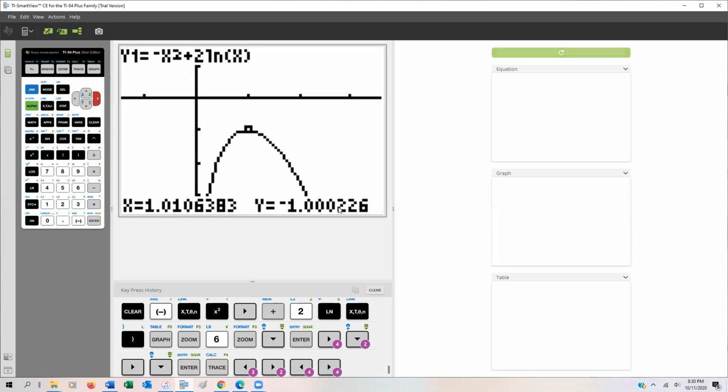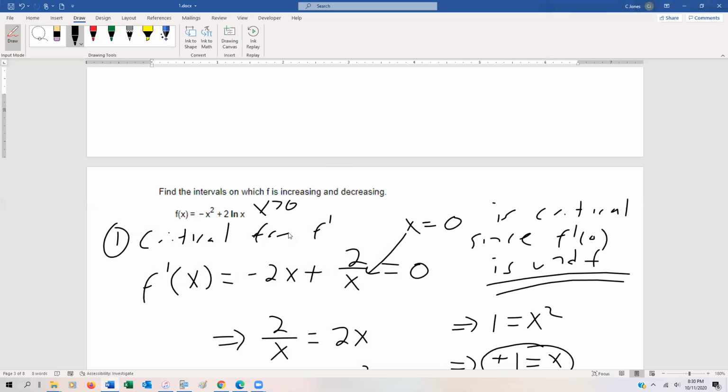Now it's negative 1 almost, and then it's going to start going down. And that's what we expect from our calculus. Now this might be difficult to discern from the graph, and that's why we always want to use the graph as a guide, but we never want to trust the graph without going through and doing our calculus.